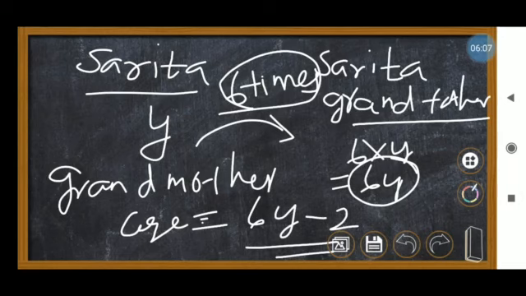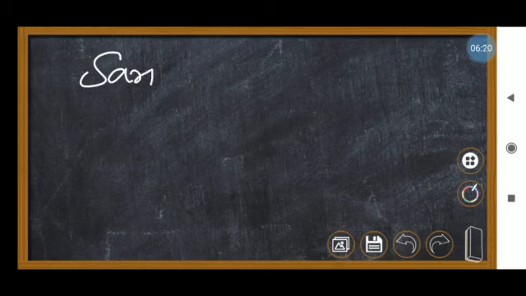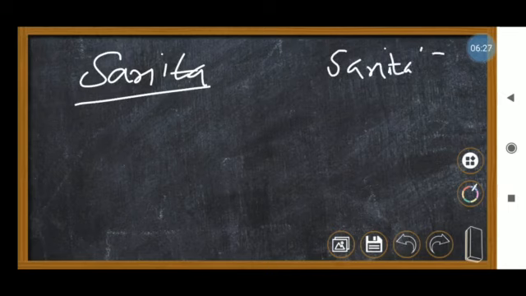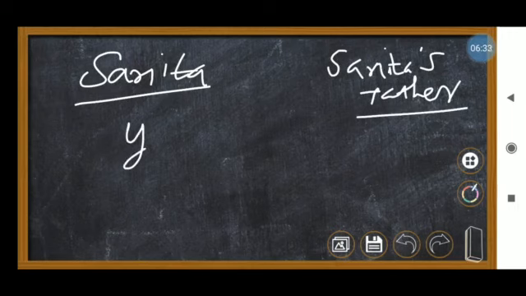Now the last question, that means the first question's last part: Sarita's father's age is 5 years more than 3 times Sarita's age. First you have to write Sarita and Sarita's father. Sarita's age we have taken as Y, a variable Y, and Sarita's father's age is 5 years more.